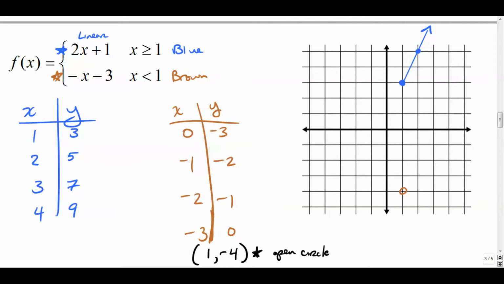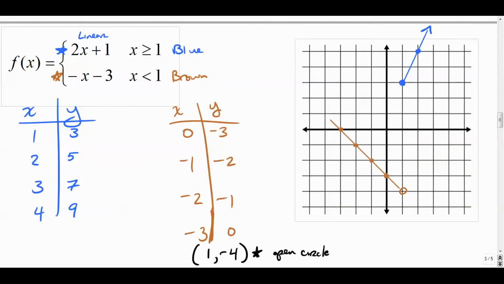0, -3 is right here. Negative 1, negative 2. Negative 2, negative 1. Negative 3, 0. And just use your straight edge to mark that off. I'm going to change that to a line, see if I can get it to look a little better.